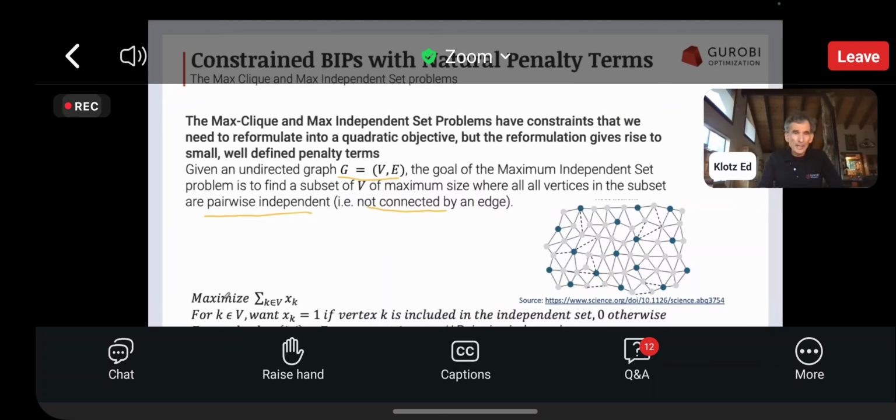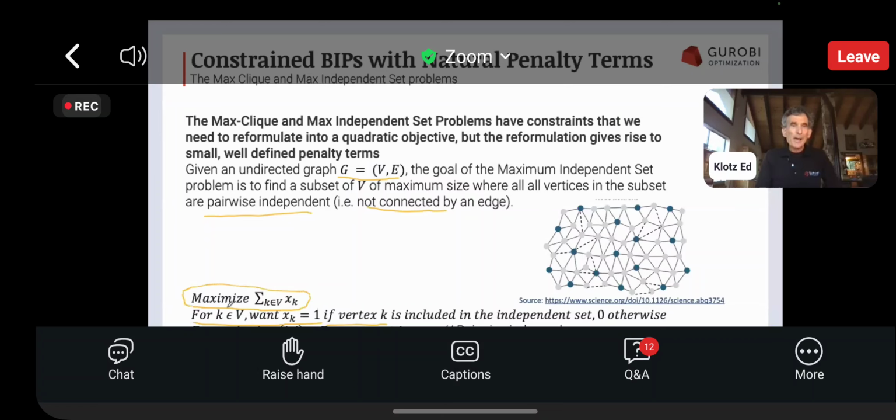So how would we formulate that as a constrained binary problem? Well, what we want is a binary for each node, and we want to set it to 1 if that node is going to be included in the independent set, 0 otherwise. So how do we make the model push the variables to achieve that value? Well, we want everything to be in the set if possible.